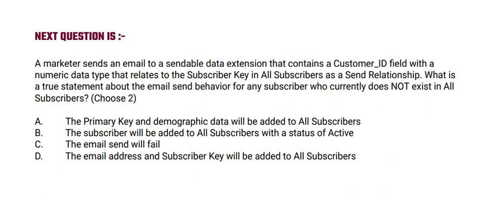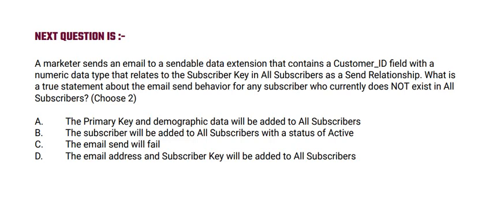Choose two options. And the options are option A, the primary key and demographic data will be added to All Subscribers. Option B, the subscriber will be added to All Subscribers with a status of active.